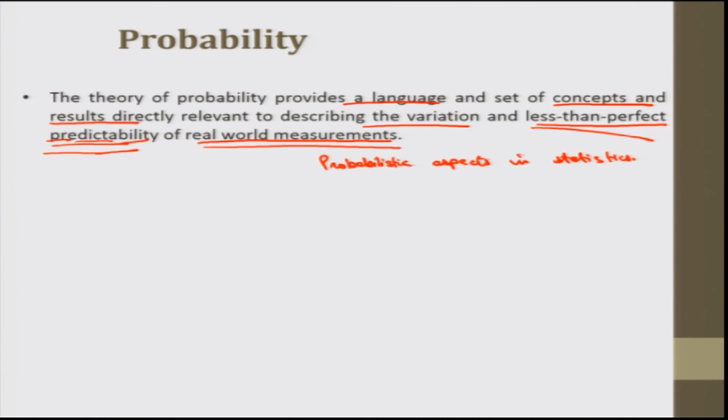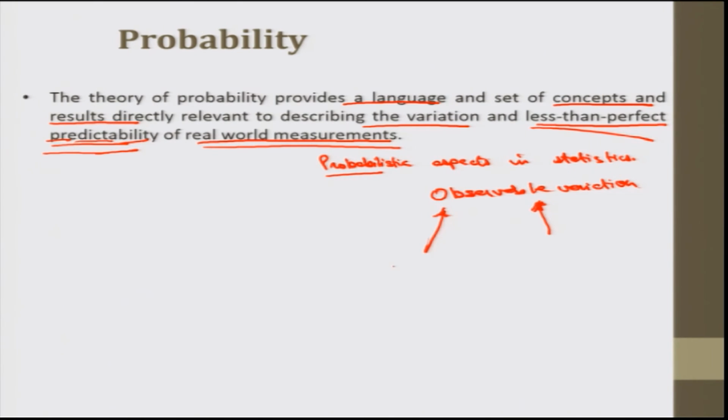Now, this would provide a framework for clear thinking about how sources of measurement variation and data collection structures combine to produce an observable variation. So we have an observable variation which is drawn from the probabilistic aspects in statistics.